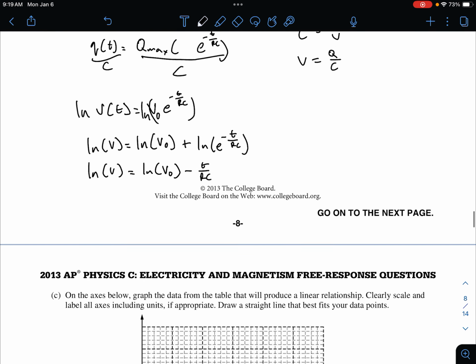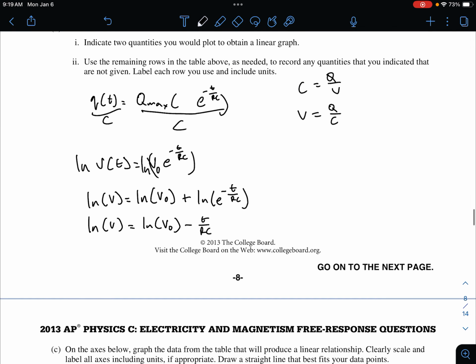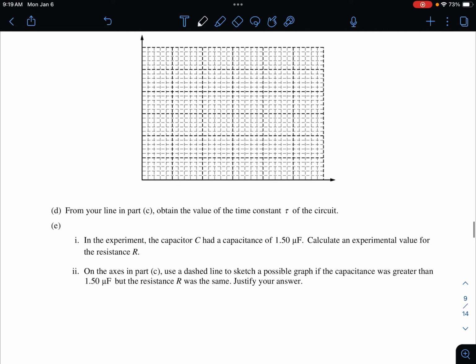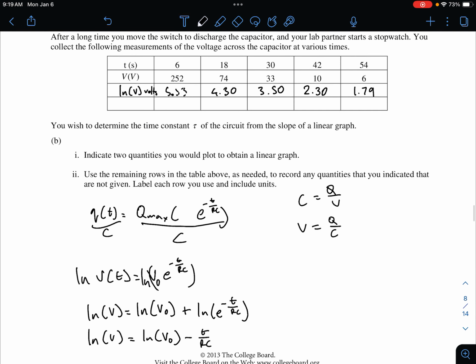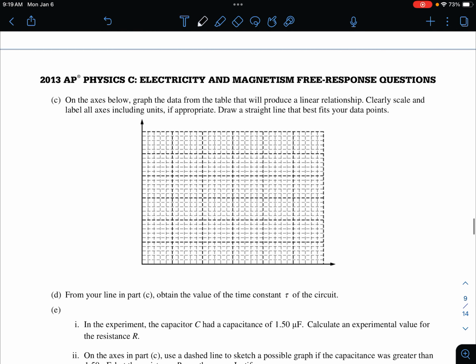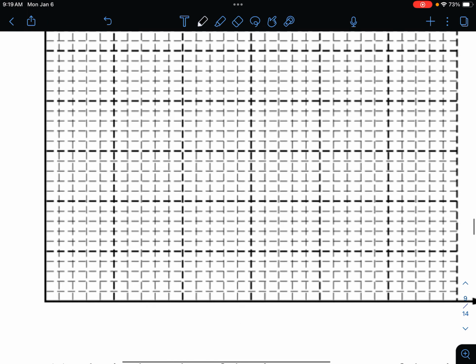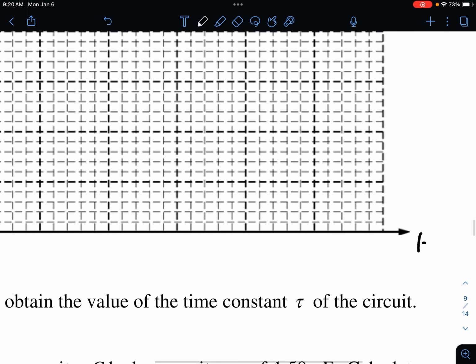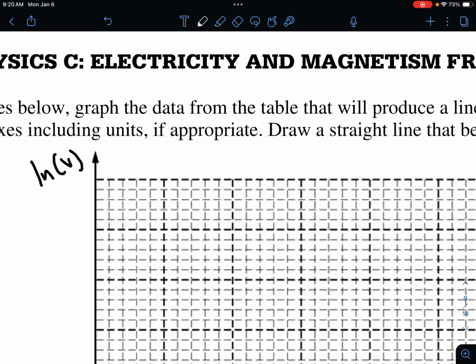So you have to scale it, and I kind of hate scaling. You know, I guess I'm not an experimentalist by heart. We're doing ln V versus t. At least that's what I want to do. Like, that makes the most sense to me. At a certain time, I can find the natural log of the voltage.